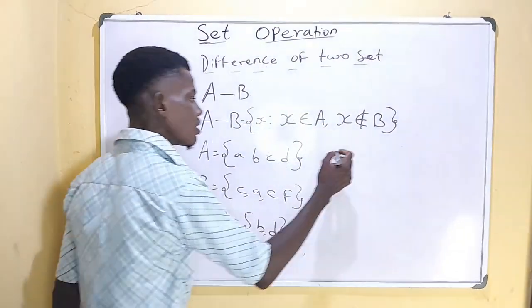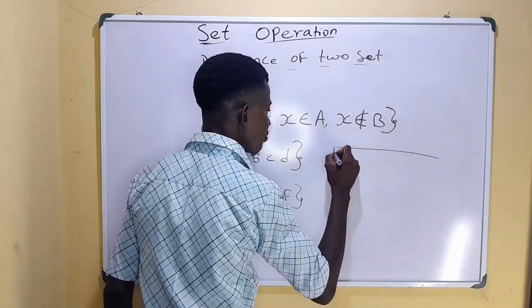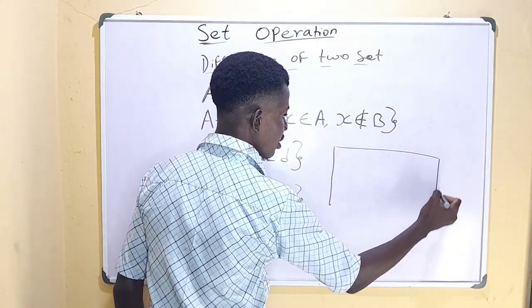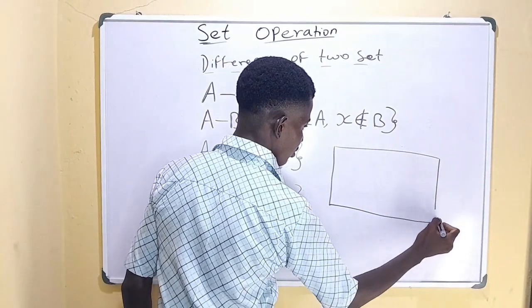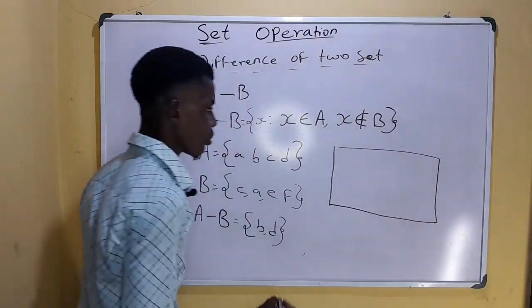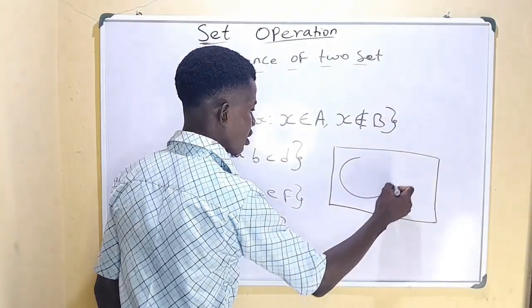We can represent it on a Venn diagram this way.